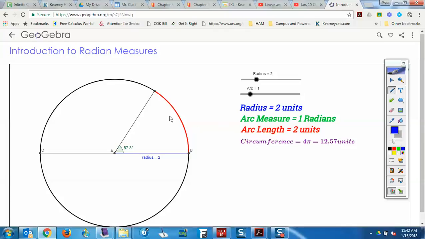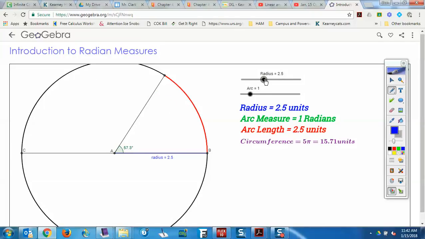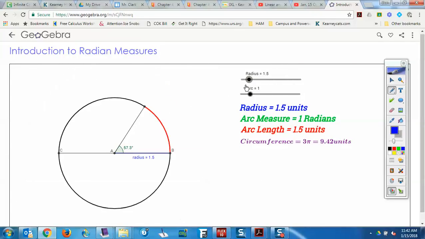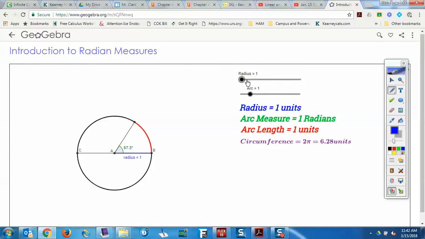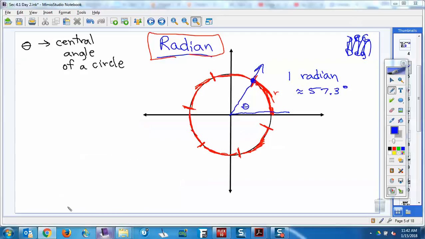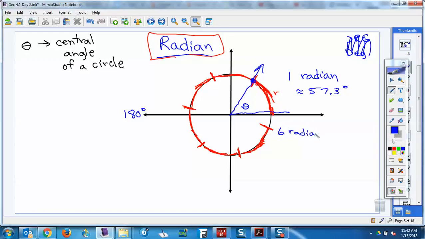And so the angle stays the same, no matter how big the circle is, okay? And so we still have a measure of 1 radian. Now, you guys see this circumference thing that's here. So you might notice that 1, 2, 3 radians is just short of 180 degrees. 4, 5, 6 radians is just short of 360 degrees.